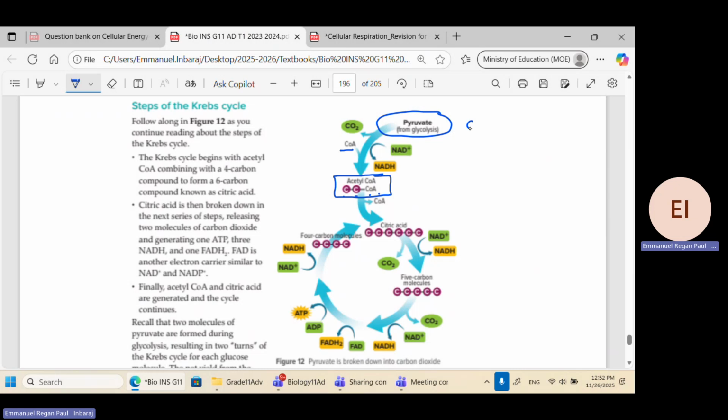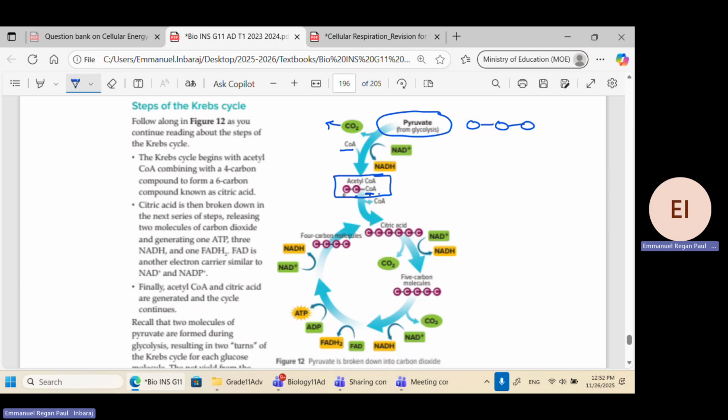Remember, pyruvate has 3 carbon. One carbon is released as carbon dioxide, and the other 2 carbon combine with CoA to form a compound called acetyl CoA.